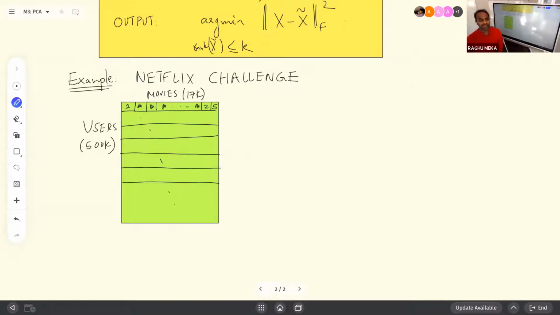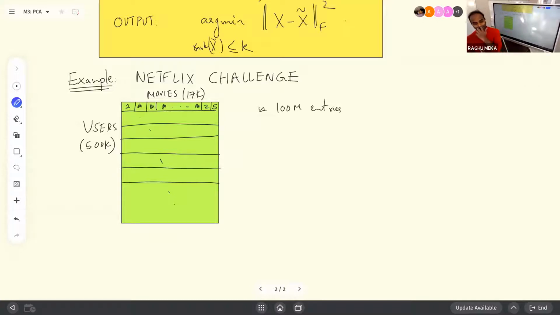From the set of all ratings that they had, they released a subset of those ratings. Not everything that was rated was released to us. The total number of entries here is approximately 100 million. So it's a huge data set.